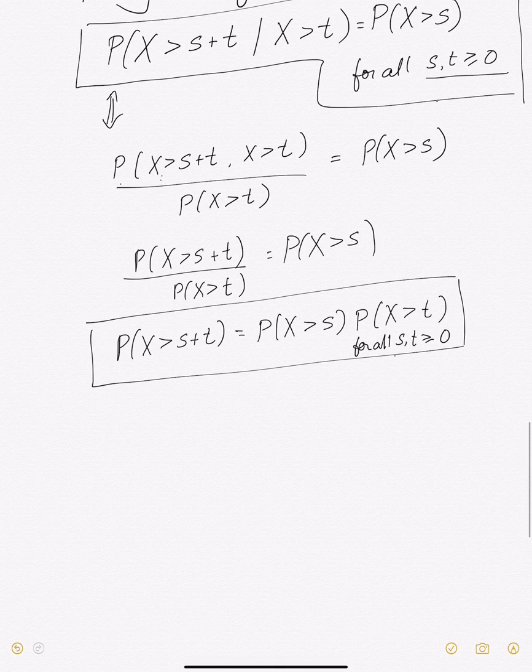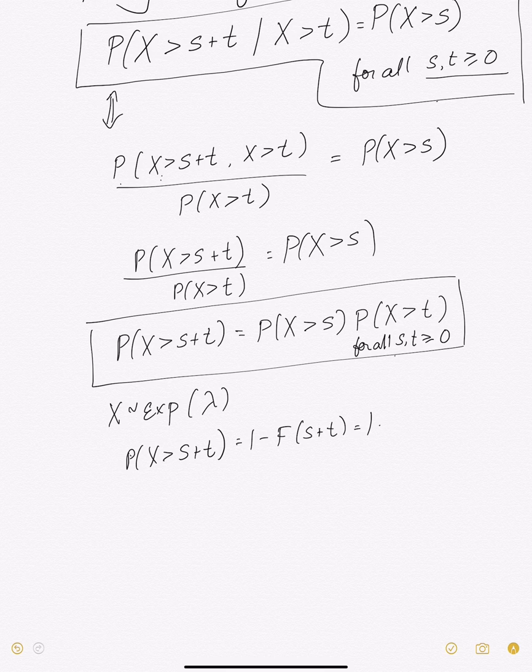And you can check for an exponential random variable, you can plug it in and check what is the probability x is bigger than s plus t. So let's say x is exponential with parameter lambda. The probability that x is bigger than s plus t, well, it is 1 minus F of s plus t.